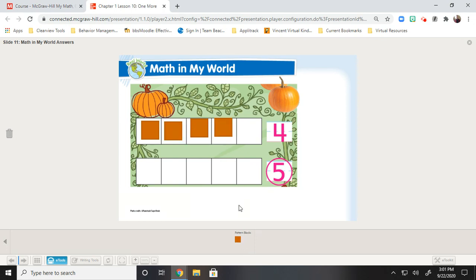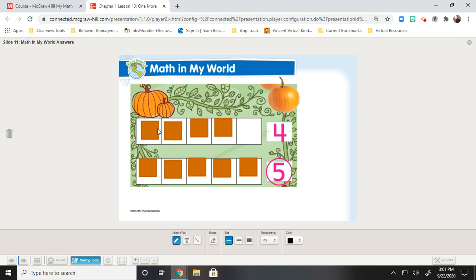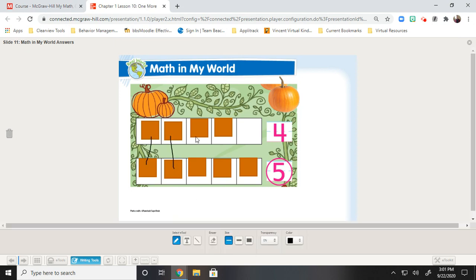Now, is 5 really going to be one more? Let's find out. 1, 2, 3, 4, 5. There is one more. Look, if I draw my lines, 1, 2, 3, 4, 5 has one more. Awesome. This is fun.